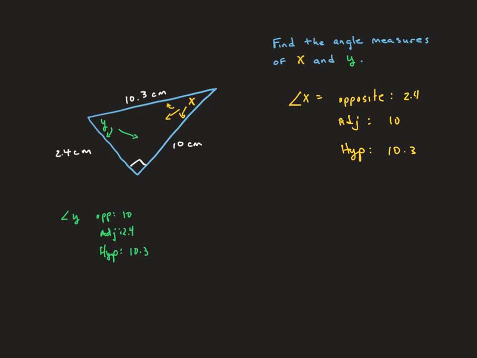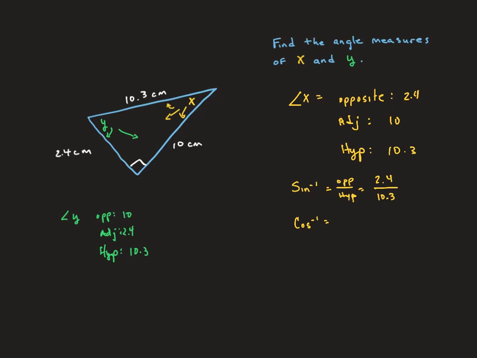It's a much flatter triangle than it appears here. But it's not drawn to scale, and we want to make sure that it is easy to do. So I can pick any ratio here, and I could say, hey, arc sine is going to be the opposite over the hypotenuse, which is going to be 2.4 over 10.3.